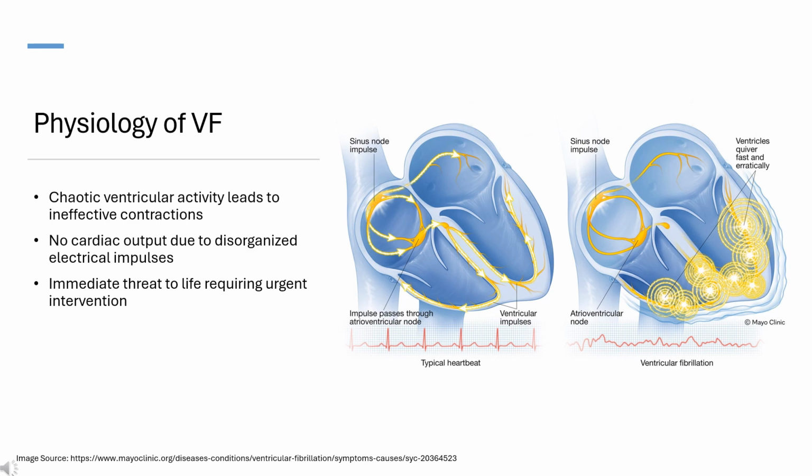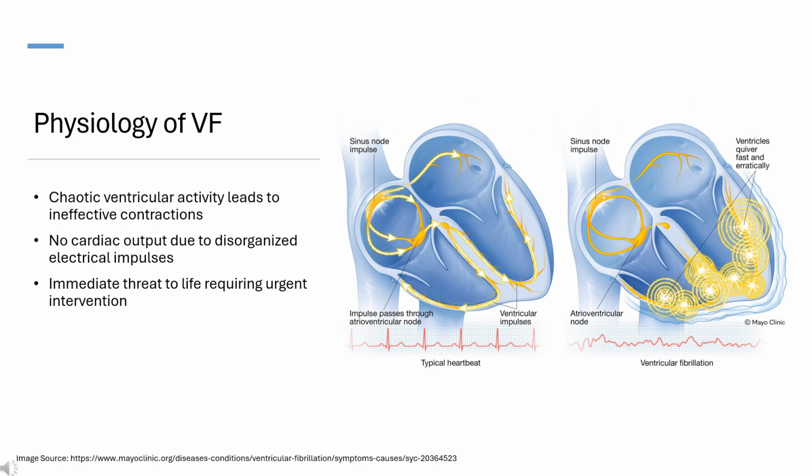In VFib, this orderly process is completely disrupted. The ventricles experience chaotic electrical activity originating from multiple ectopic foci within the ventricular myocardium. This chaotic electrical activity prevents the ventricles from contracting in a synchronized manner. Instead of effective coordinated contractions that pump blood, the ventricles merely quiver ineffectively.